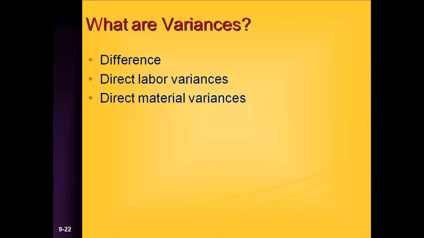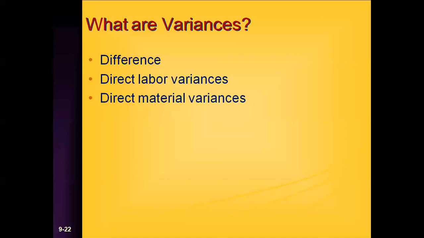So, here again, what you're trying to do from an accounting standpoint is basically account for the reality of what actually occurs. You might assume, for instance, that labor is going to cost you 50 cents per unit.